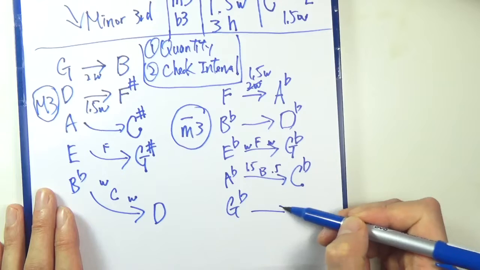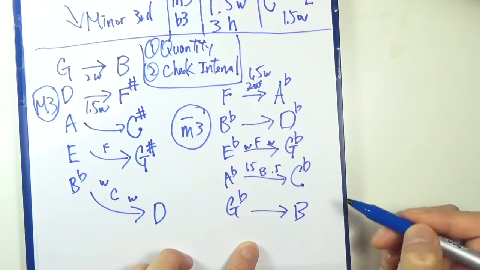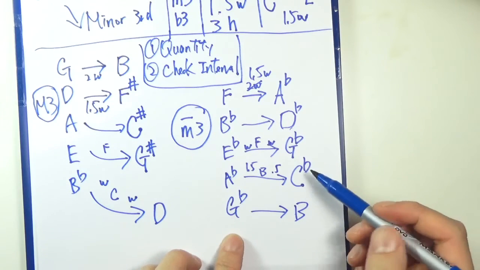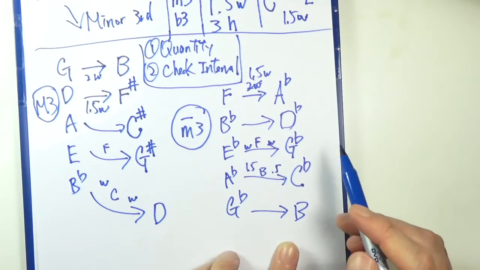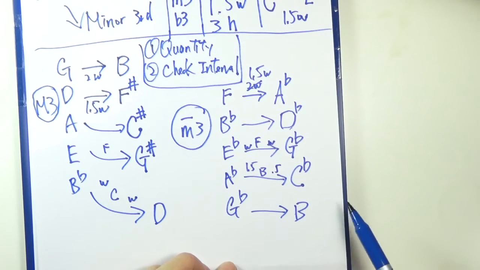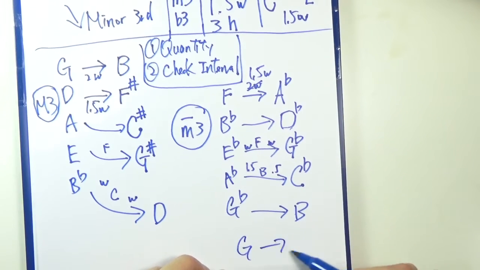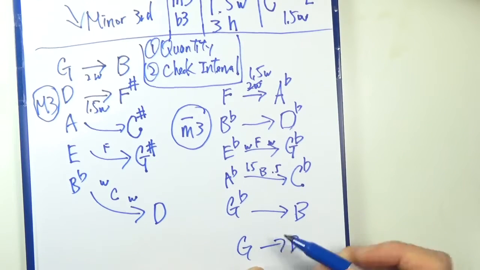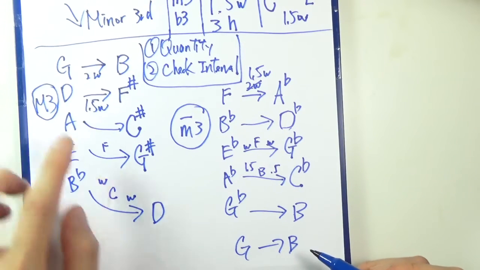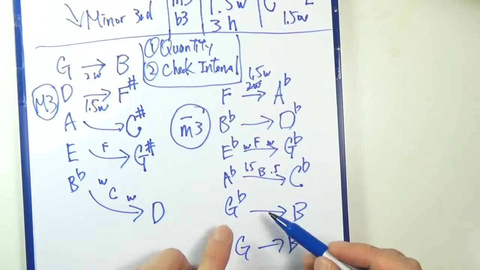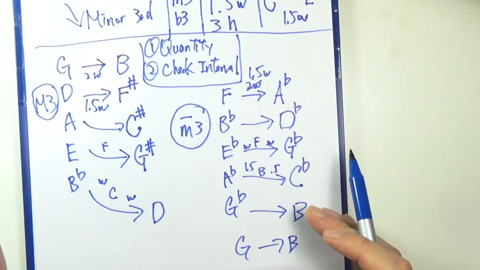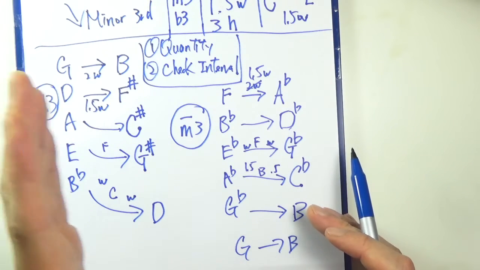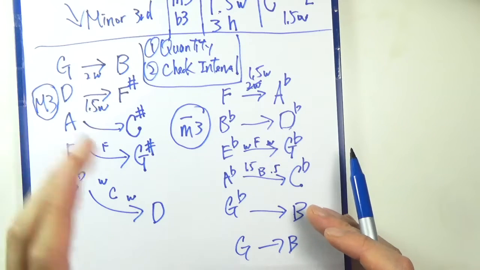Okay, last one, G flat. G, A, B. That's our quantity. Check interval, G flat to B. The way I'll go about it is I would think about G to B first. G to B is actually a major third, right? So G flat to B is definitely too big because you're pushing the left-hand side even further to the left.